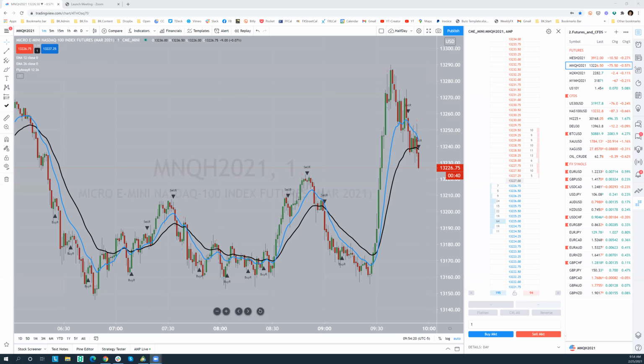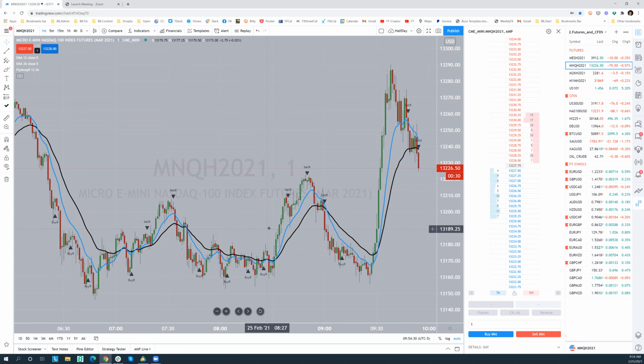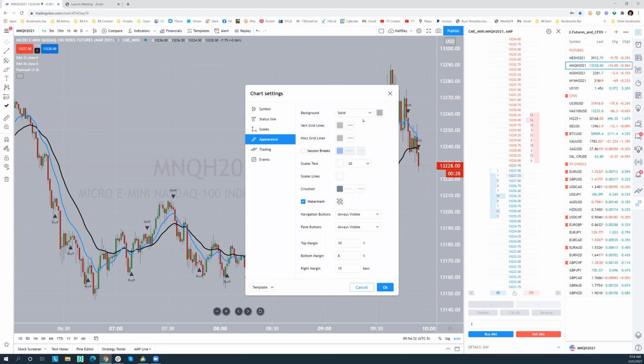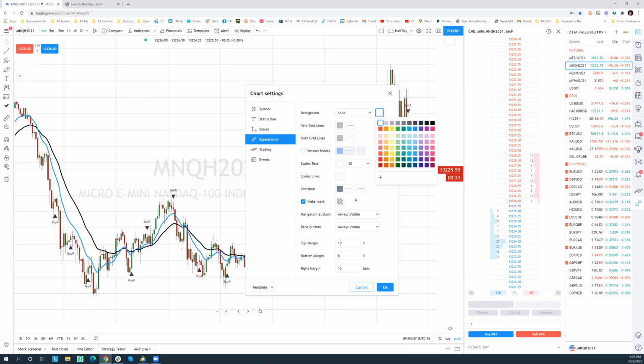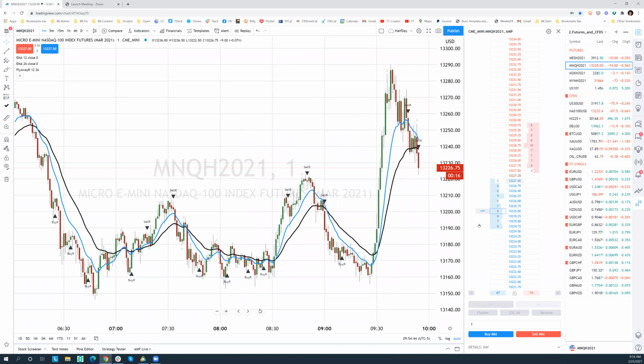Okay, let's share the screen. Screen 2, share. All right, looking good. I wonder if this makes any difference in the world. Let me just try this. Tell me if you guys like this better. Background to white and scales text to black. Is that better than the gray background? What do you guys think?